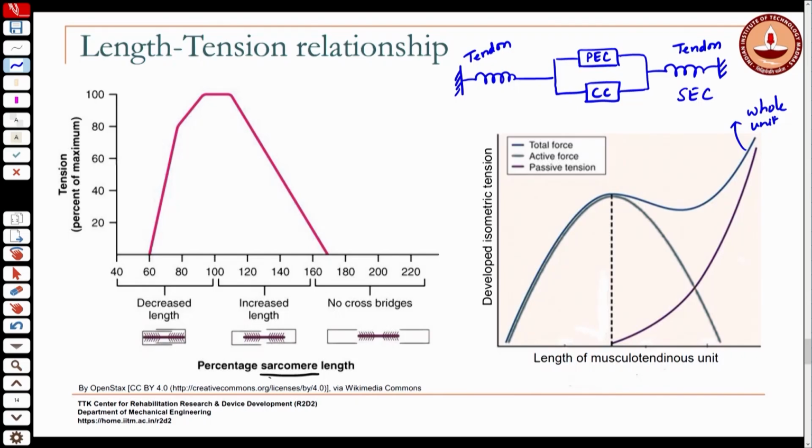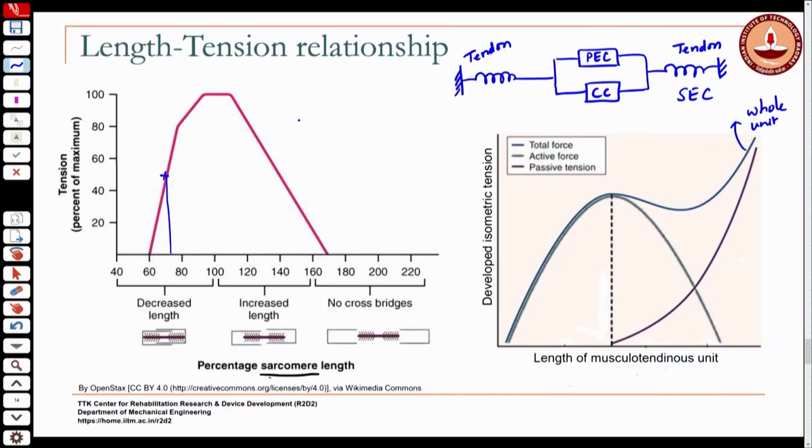So, at the sarcomere level also, we took the sarcomere at a particular length and saw how much force it could develop, how much tension it would develop, and that is how you got the different points on this curve. We will not go into the experimental details of how these were determined.